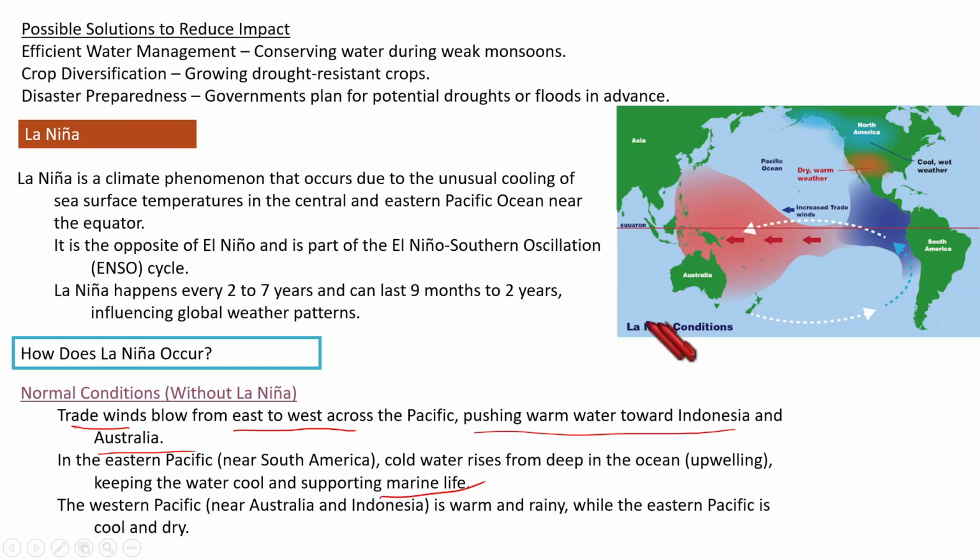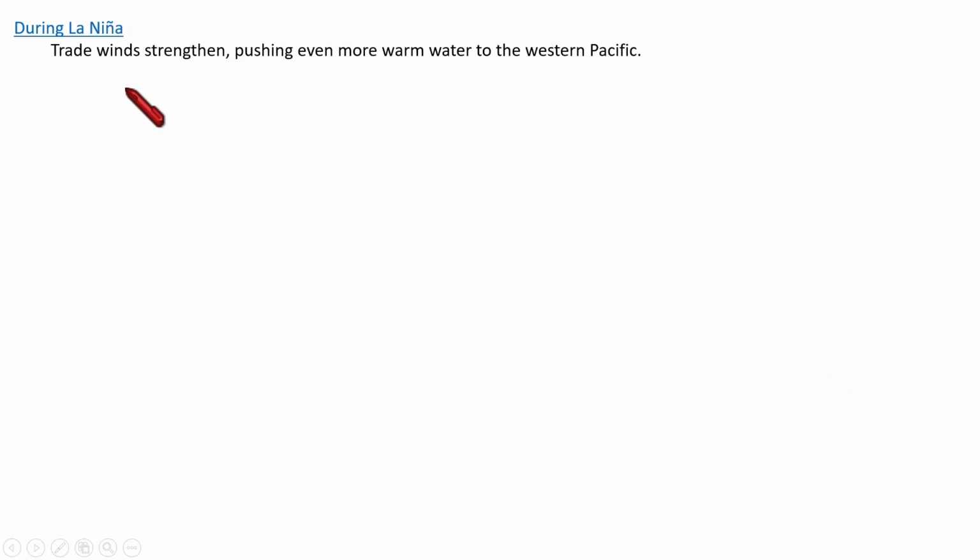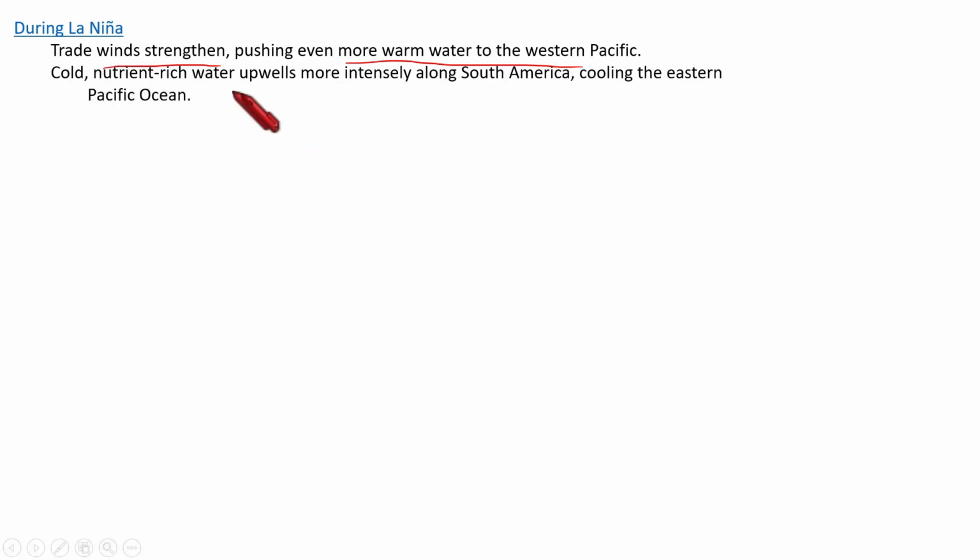Western Pacific is warm and rainy, while Eastern Pacific is cool and dry. All those things we understood. Then during La Nina, trade winds are strengthening, and they push more warm water towards the Western Pacific side. Along with that, upwelling gets more intensified.